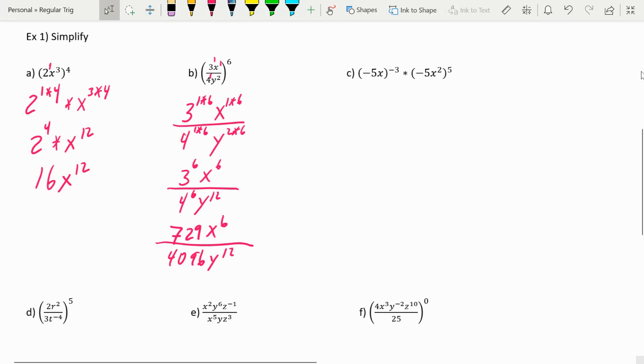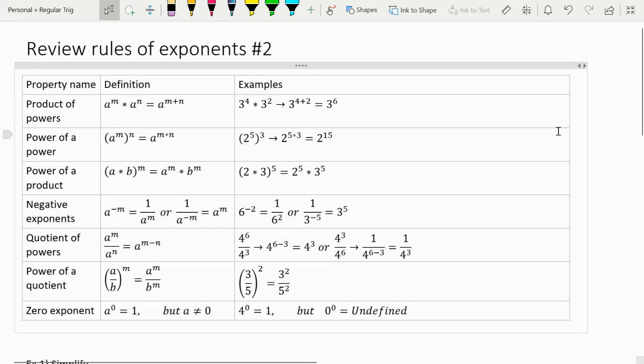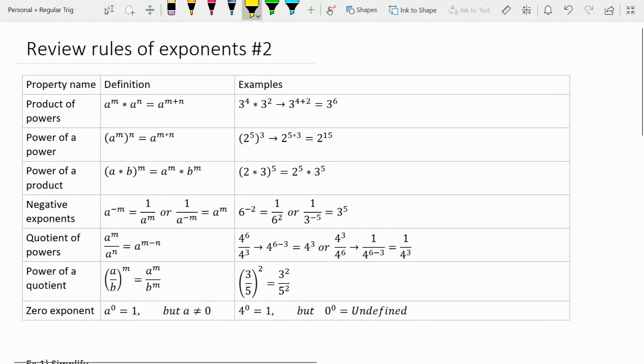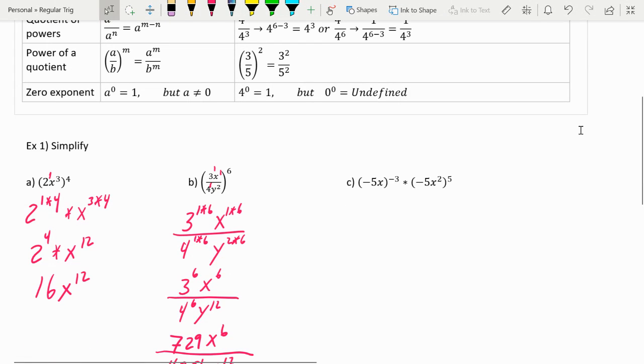Now for part C. A and B, in my opinion, were both just power to a power. Now for part C, we have power to a power, but there's going to be one more step to this. So I have exponents of 1 on both of those.